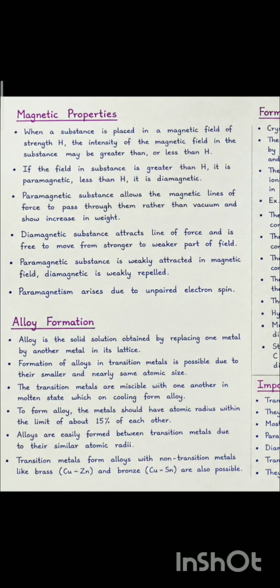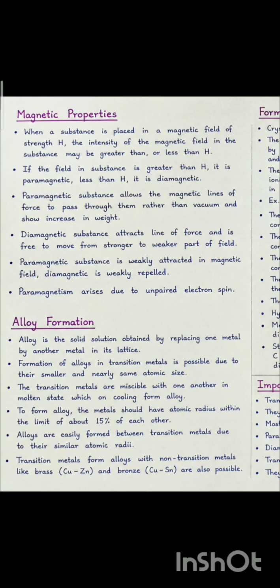And next one is magnetic property. When a substance is placed in a magnetic field of strength H, the intensity of magnetic field in the substance may be greater than H or less than it. If the field in the substance is greater than H, it is paramagnetic. Less than H, it is diamagnetic.